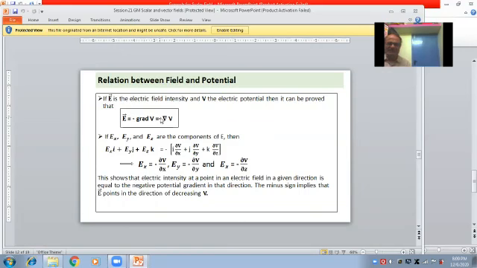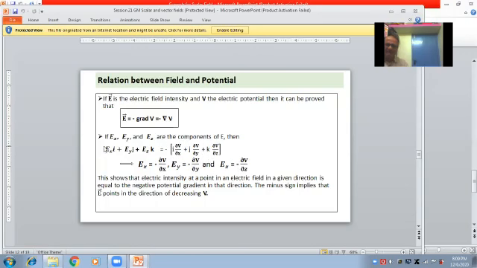So it is written in the operator form as minus del V. So if Ex, Ey, and Ez are the components of this electric field intensity along the x, y, and z directions, then they are written in summation form in this way. And as from this equation, it is equal to minus del V. So you put the del and multiply by V, which gives this.